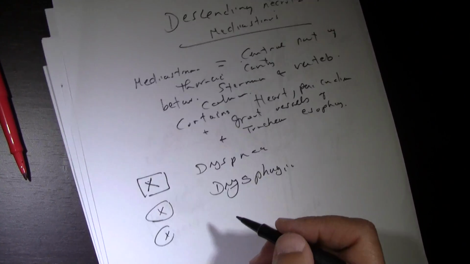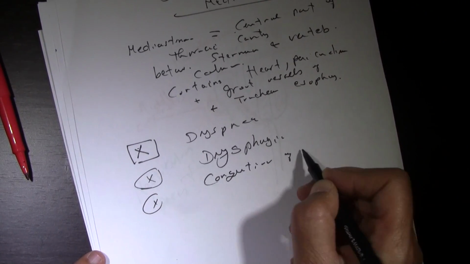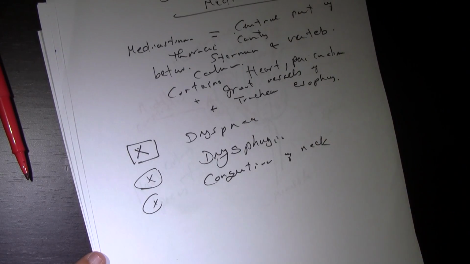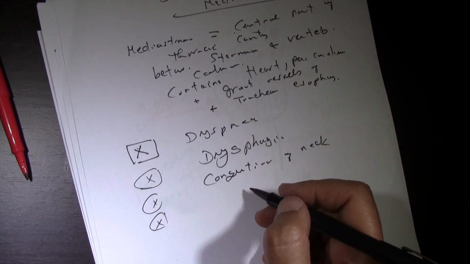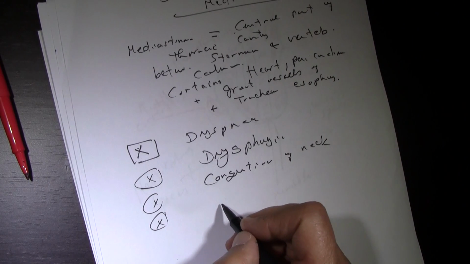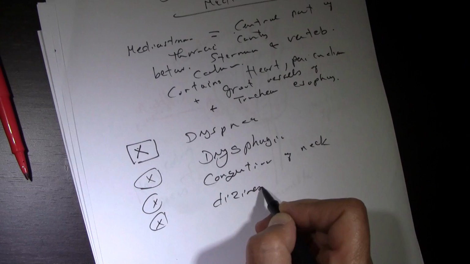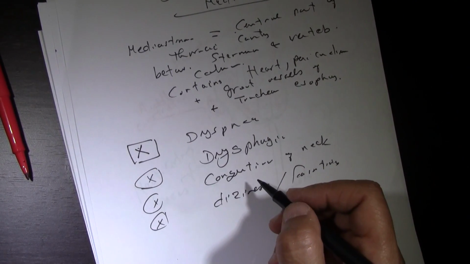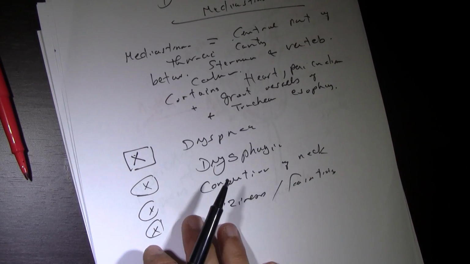Pressure on the superior vena cava leads to congestion of the neck, because again, superior vena cava receives venous drainage from the neck. Pressure on great blood vessels can end up in lack of circulation to the head and end up with dizziness or fainting. So keep in mind that this can be a consequence of oral infection. Okay, it can spread down to the mediastinum.